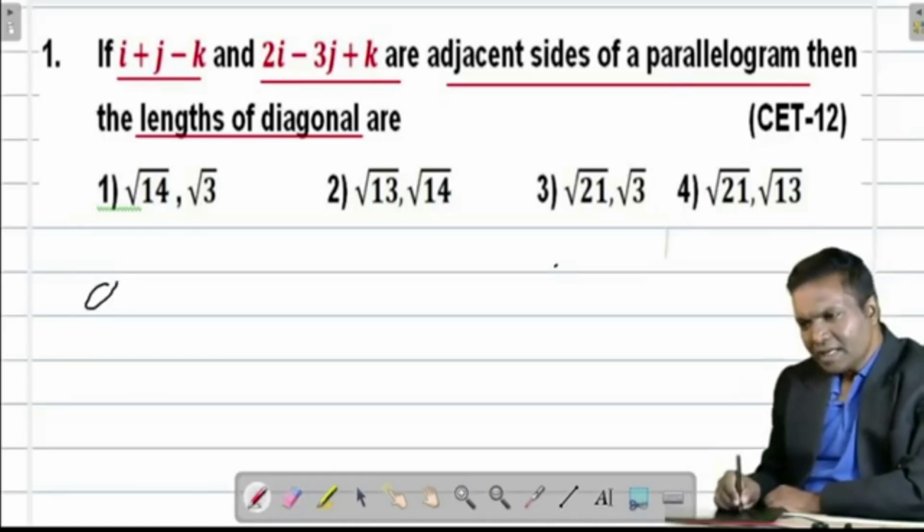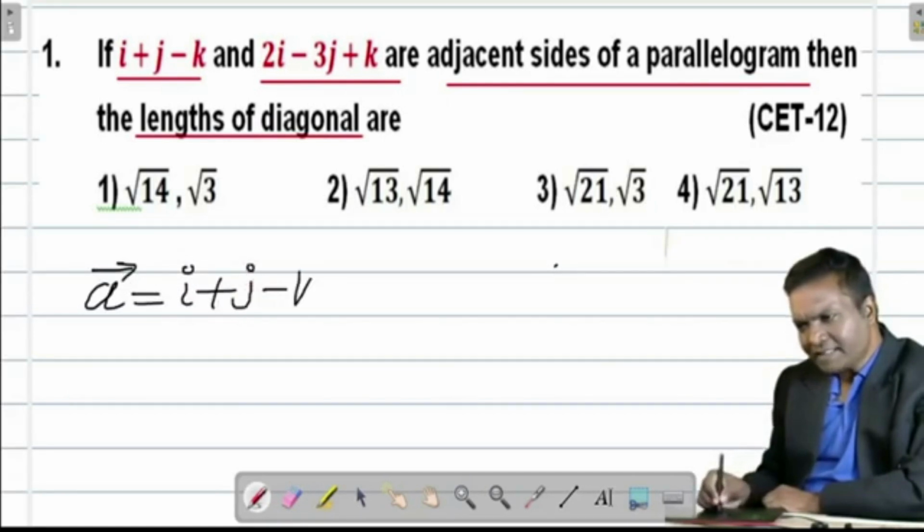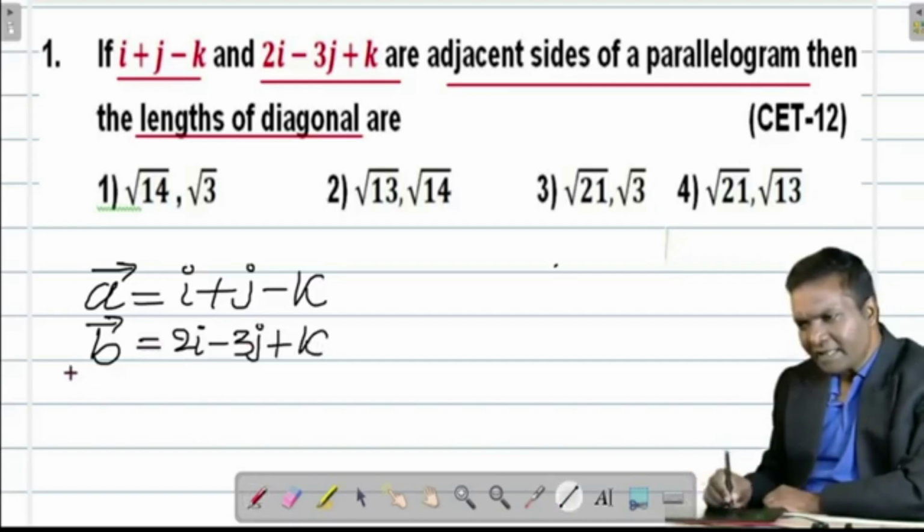Okay. Let us consider vector a equals i plus j minus k and vector b equals 2i minus 3j plus k. Add them.